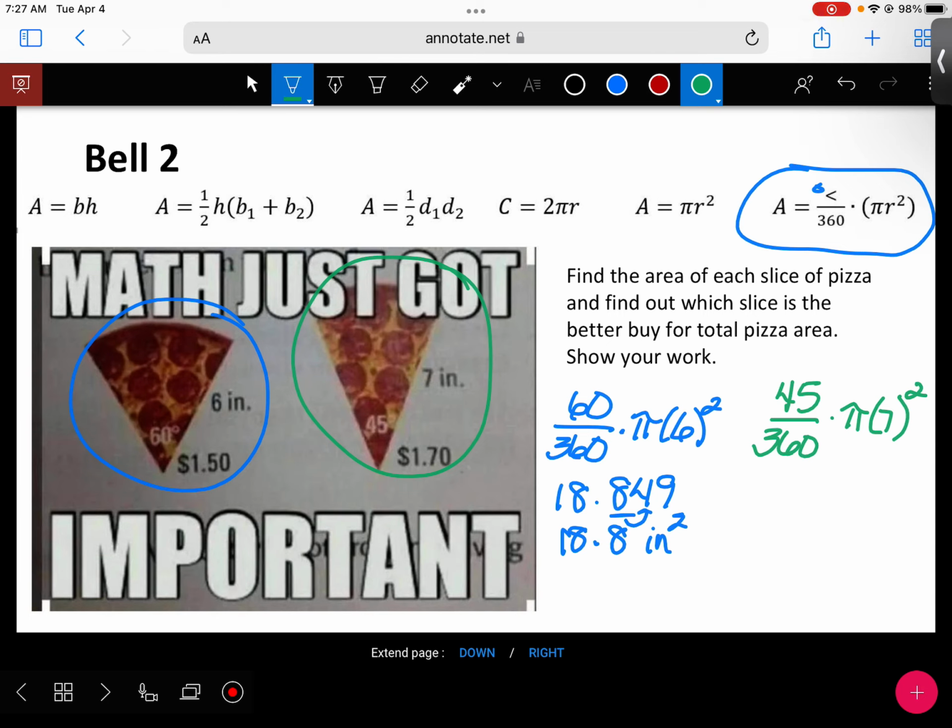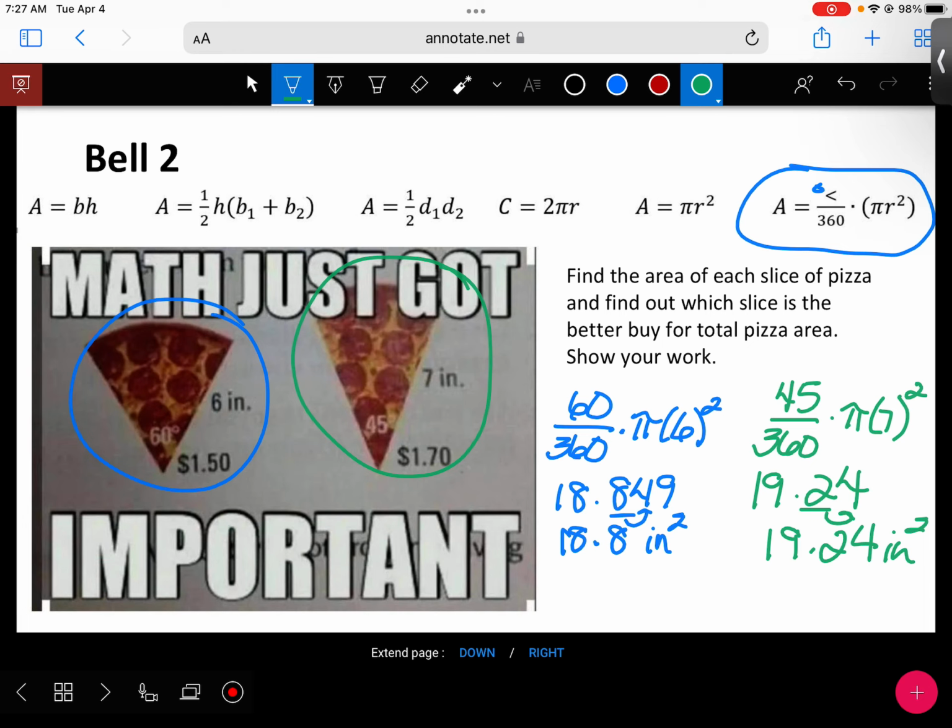Did anybody multiply it out by chance? Yeah, what'd you get, Joels? 19.24. Yep. 19.24, round to the tenths place. That is going to be 19.24 inches squared.